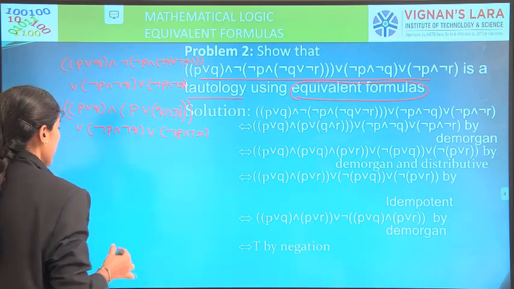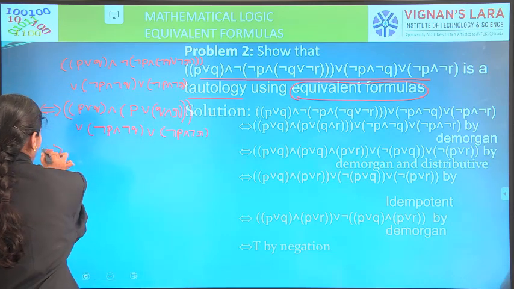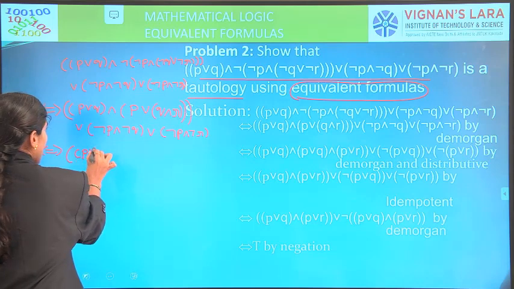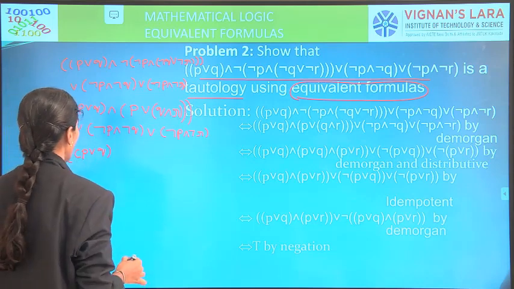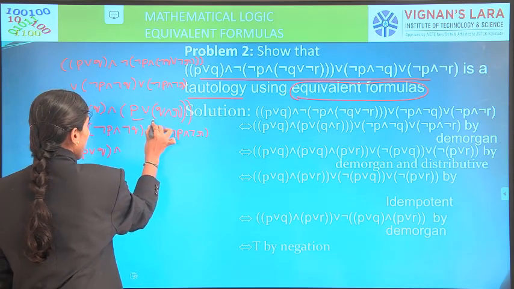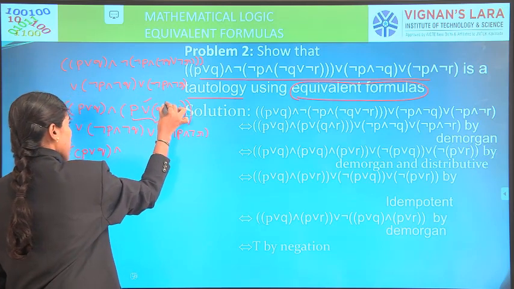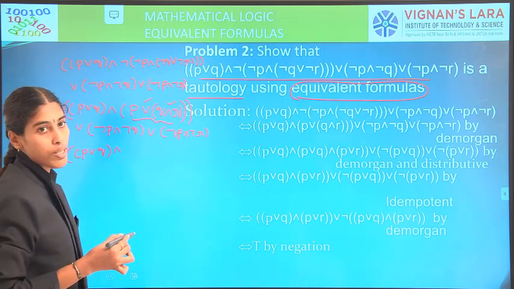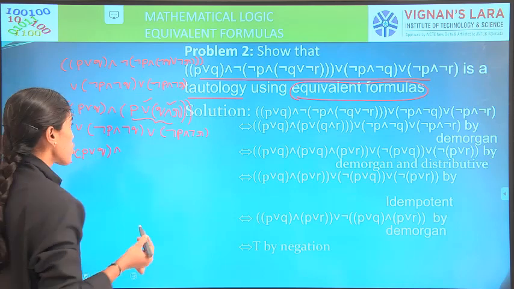Right, next. This first one we write as it is, PRQ. Second one, apply for this term. One is OR, the second one is AND. Both symbols are different, so we apply the distributive law.